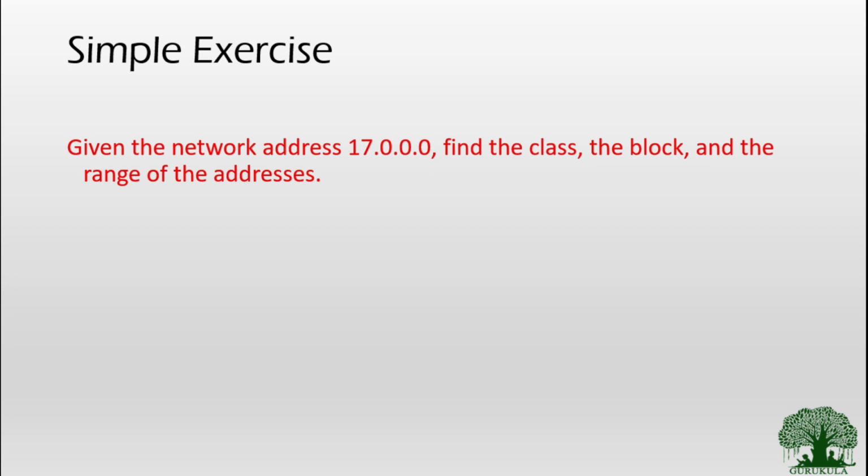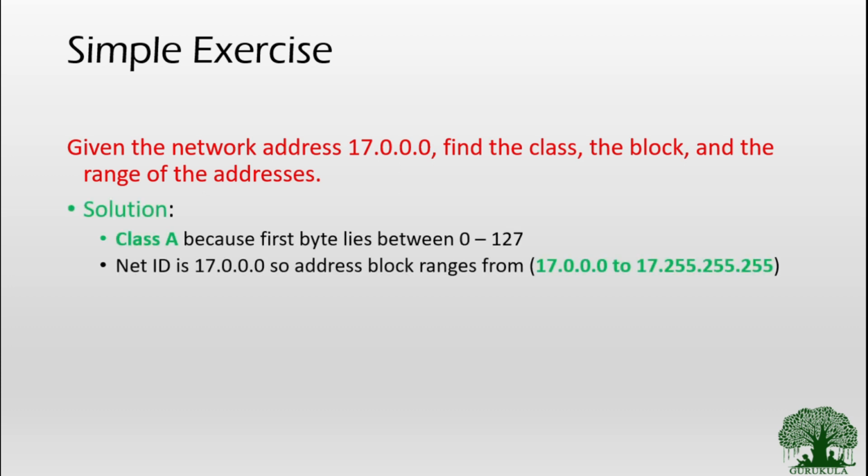So let's take a simple exercise here. Given the network address, that is 17.0.0.0, you are expected to find out what is the class, what is the block, and what is the range of the IP addresses. By looking into the number, I can say that it starts from 17. So if it is 17, I can clearly say that it belongs to class A address.